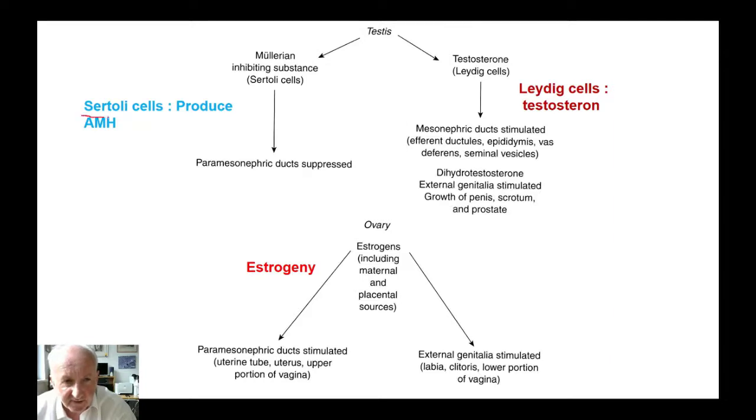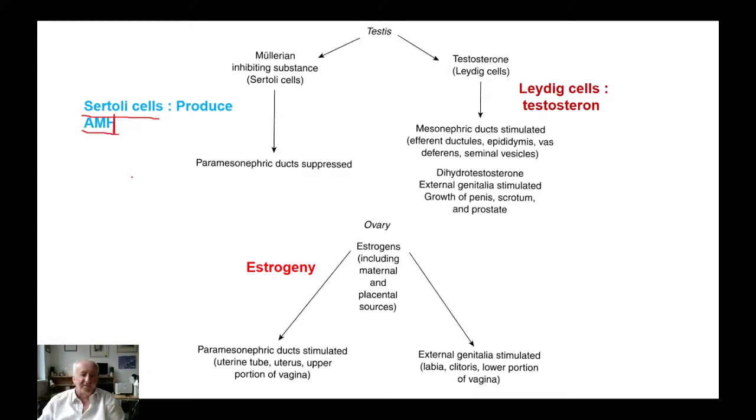Sertoli cells are present in the seminiferous tubules. Very important cells for the development of the spermatozoa. There are many Sertoli cells in each seminiferous tubule. They have many functions, Sertoli cells, and they are also producing factors, if you want, hormones. And one of those factors is AMH, so-called anti-Müllerian hormone.